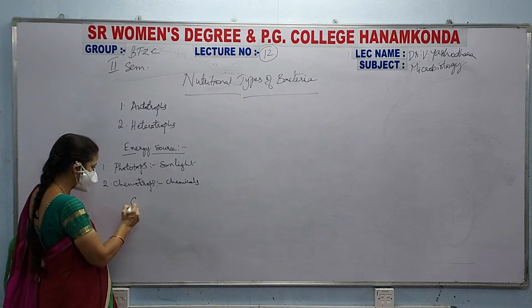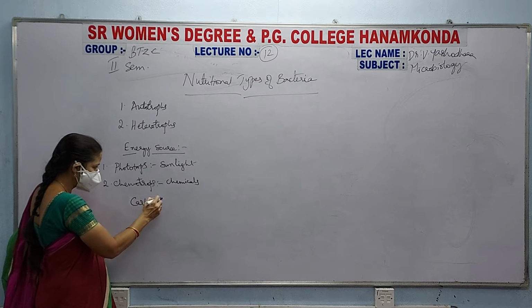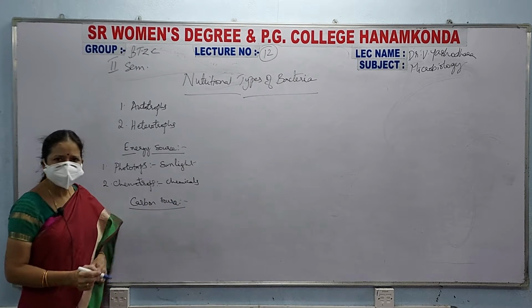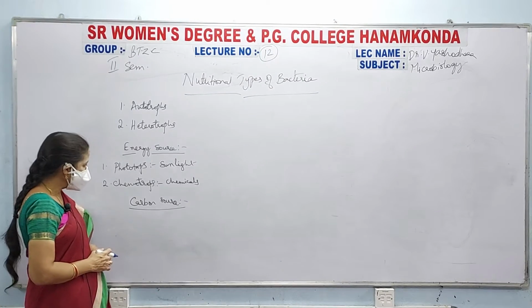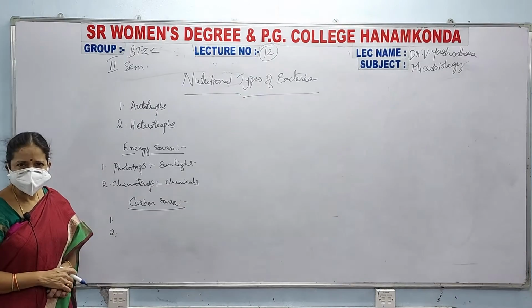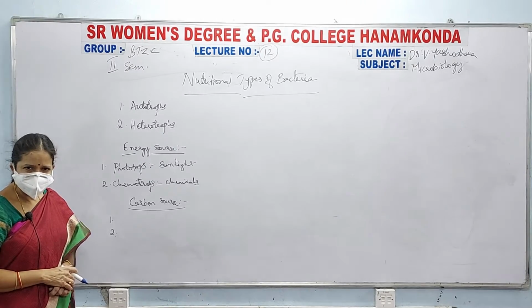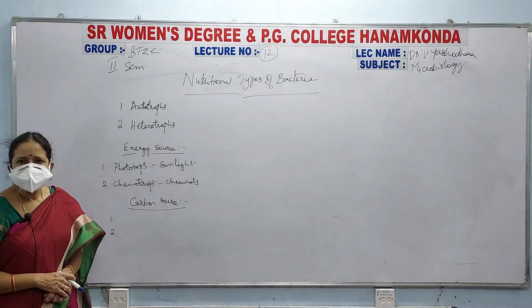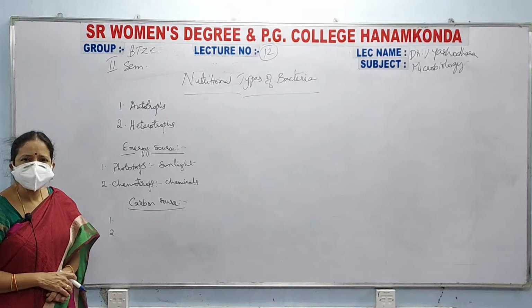Coming to the carbon source. The carbon sources are of two types. They are the organisms which use carbon dioxide as their prime source.